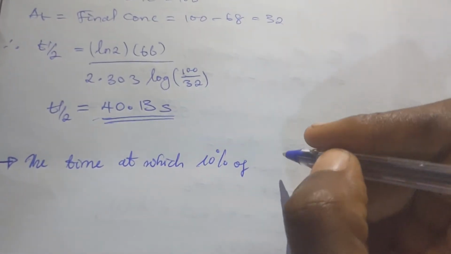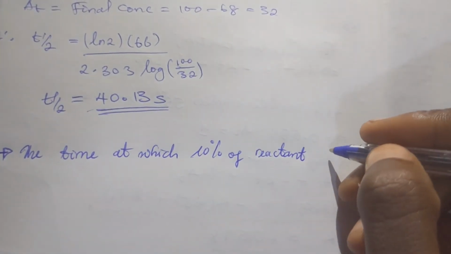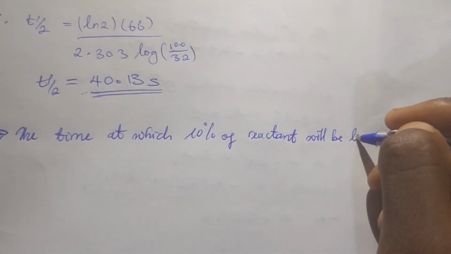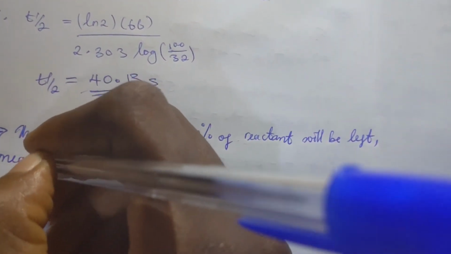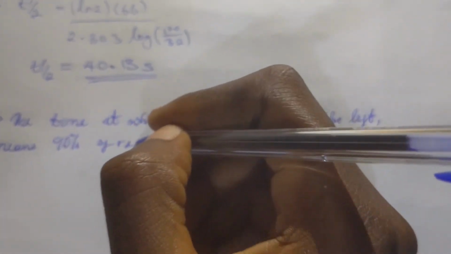So they can turn and ask, at what time after initiation of the reaction is 90% already reacted. It's the same question but in another phase. So it means 90% of the reaction is already complete.